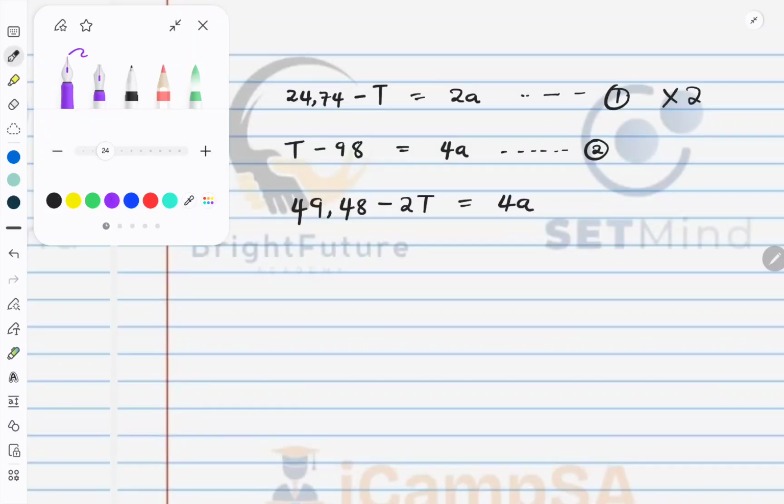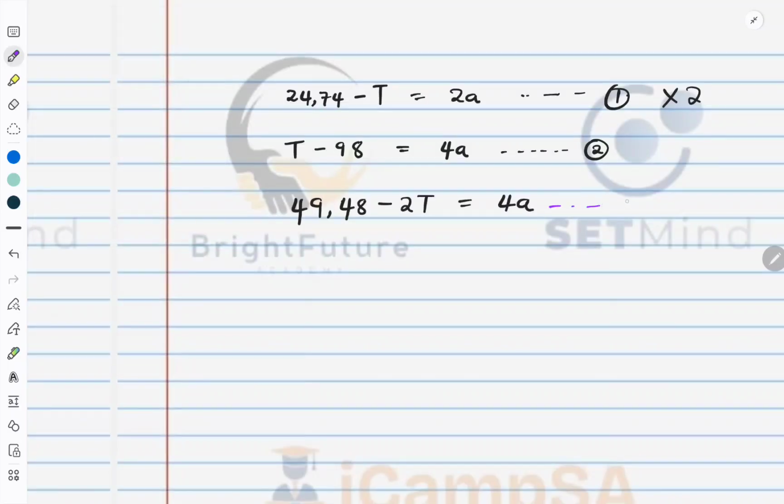And then that's our new equation 1. Let me change its color. We can even call it equation 3, really. Equation 3 doesn't sound right. It's our new equation 1. So if you check now, these 2 are matching.